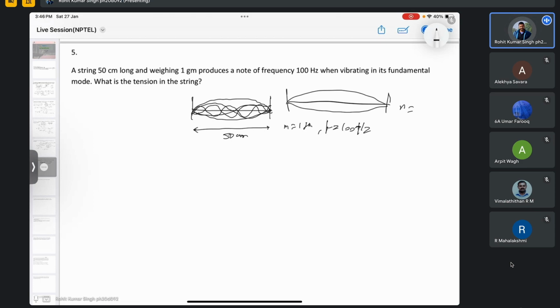It is given by n equal to 1. N equal to 2 is the second harmonic, and so on. You must have studied it when you studied waves in your class 12th or somewhere. Okay, so we have to find the tension in the string when it is vibrating at a frequency of 100 hertz in its fundamental mode.